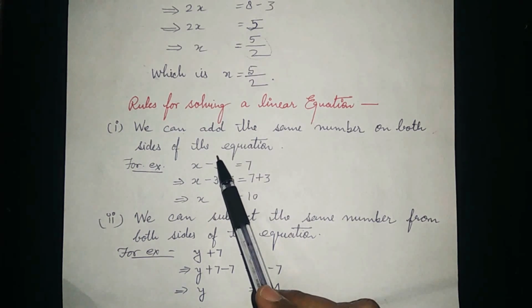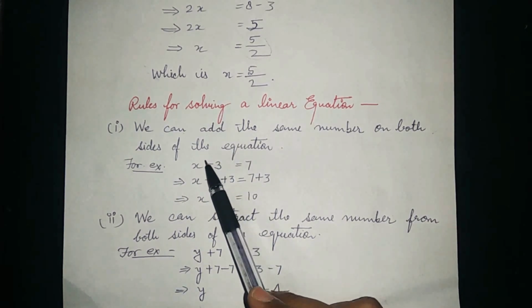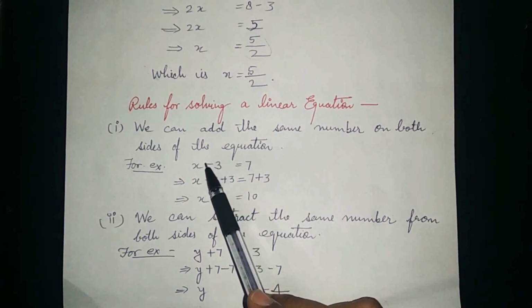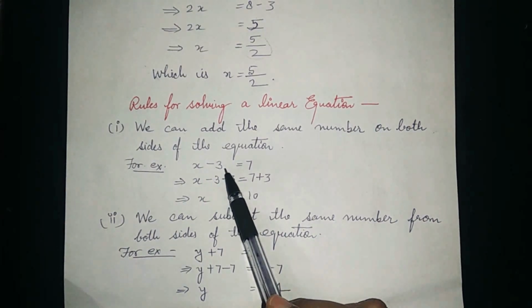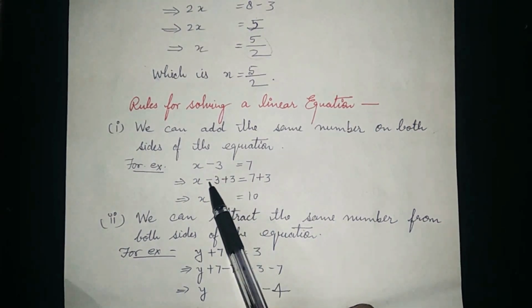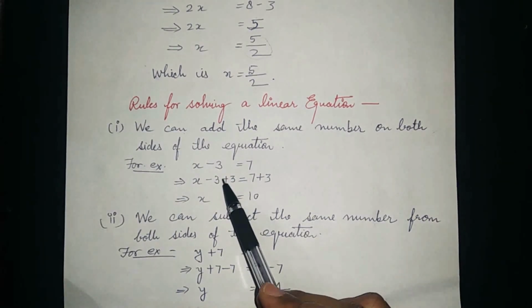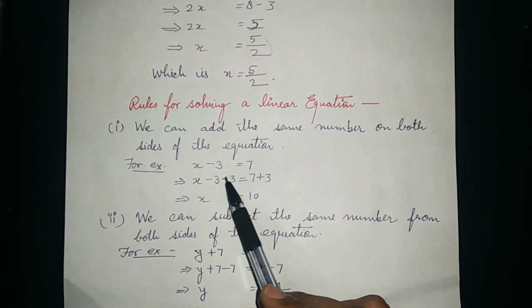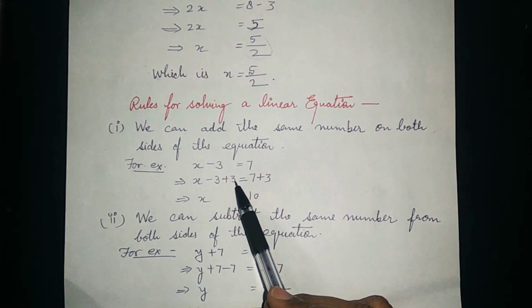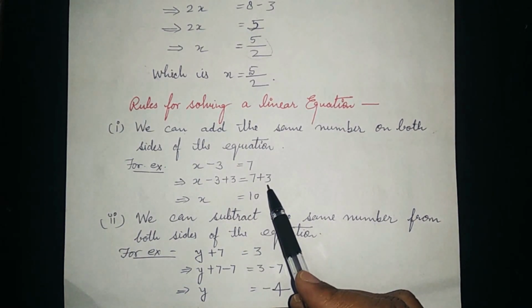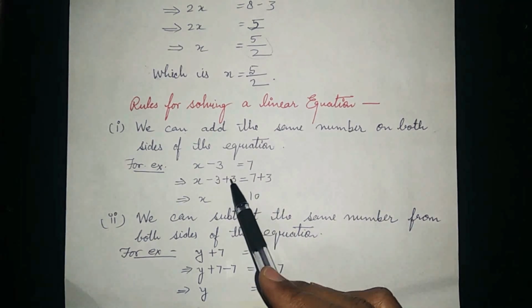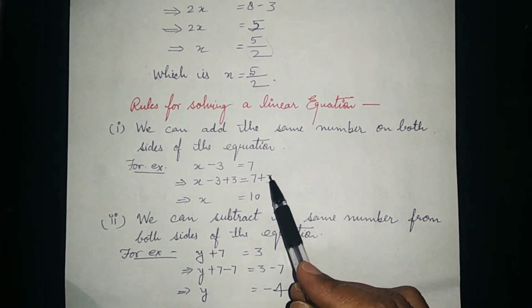On the left hand side we can see minus 3. Now we have to eliminate this minus 3. To eliminate this minus 3, what can we do? We can add the same number, plus 3. And the same thing we will do on the right hand side also. So here plus 3, here plus 3.